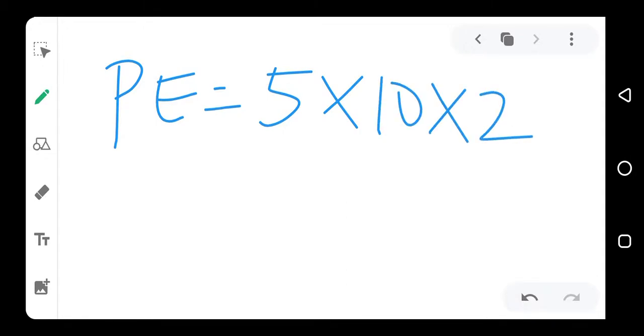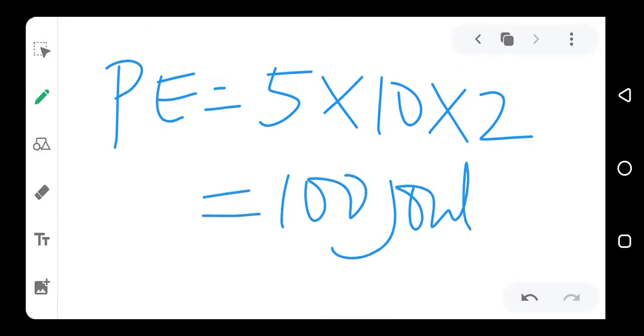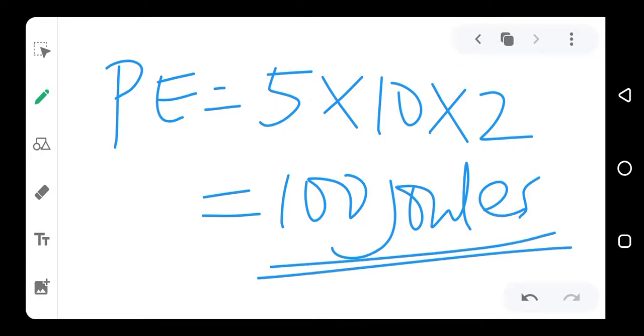So we are going to have 50 times 2, which is PE is equal to 100 joules of energy. 100 joules. So this is the answer for this energy. The potential energy of the object at that height is 100 joules.